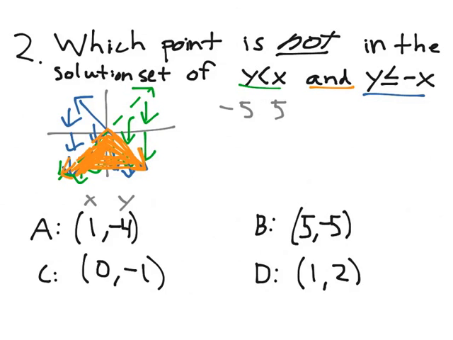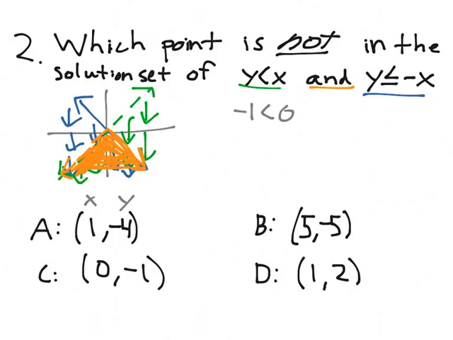And for C, we have that x is 0 and y is negative 1. So that's true. Y is negative 1, x is 0. Negative 1 is less than 0. And is negative 1 less than negative 0? Well, negative 0 is the same thing as just 0. So yeah, it's true. So C works as well.